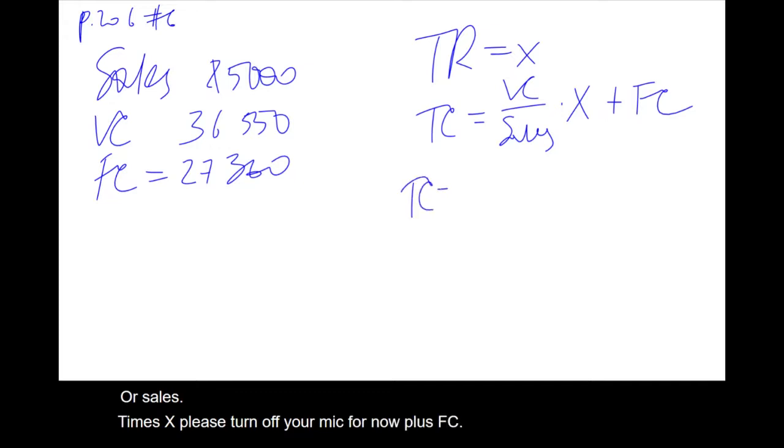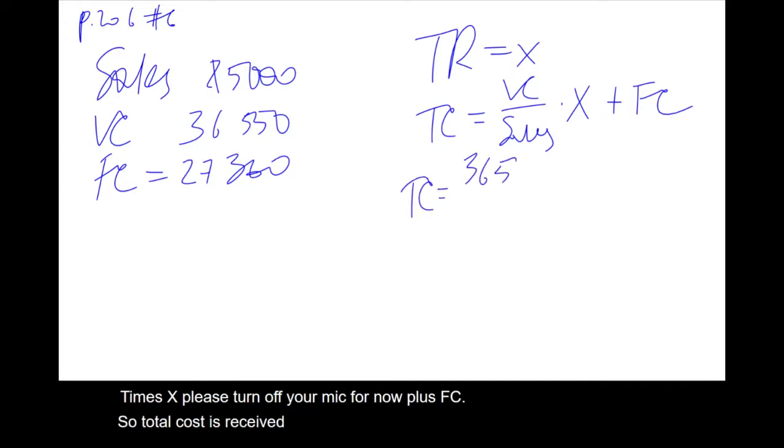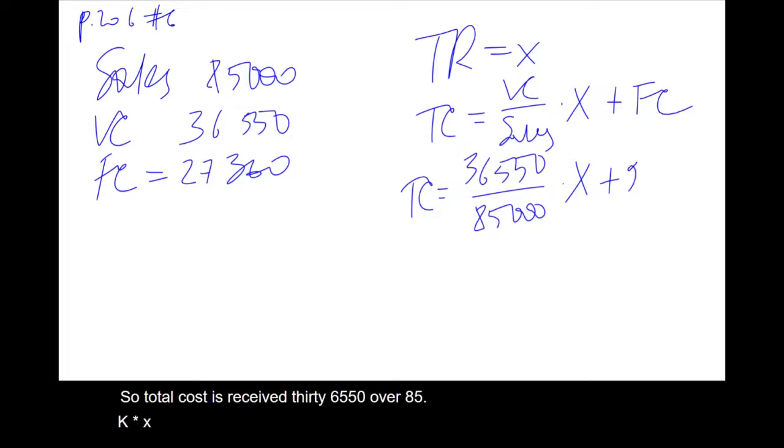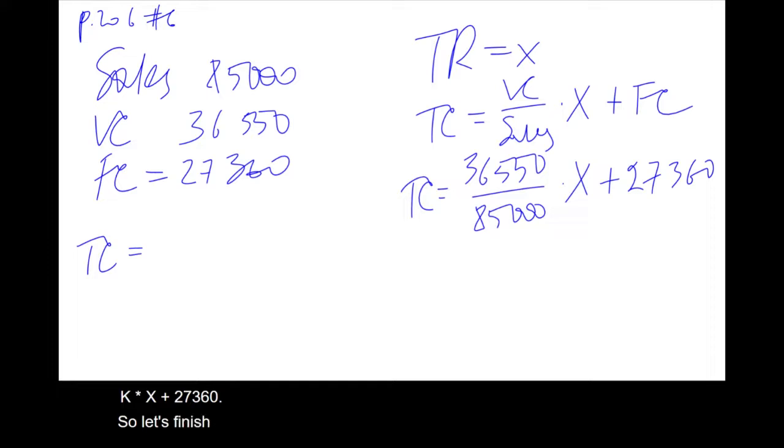So total cost is VC 36,550 over 85,000, times X plus 27,360. So let's finish the calculation. 36,550 over 85,000 is 0.43 X plus 27,360.